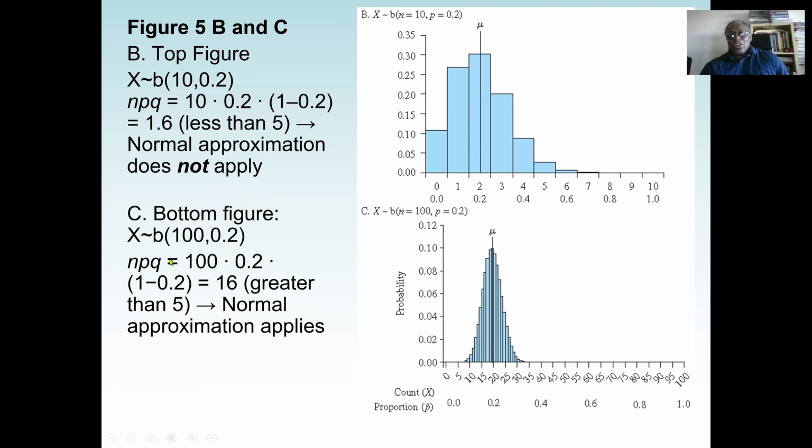Now in the second option, the sample size increased from 10 to 100. So 100 times 0.2 times 0.8 gives us 16. Since 16 is greater than 5, we can apply the normal approximation, which means the probability distribution will take on normal properties. So here it depends on the sample size. We can see it's 10 here, but it's increased to 100.